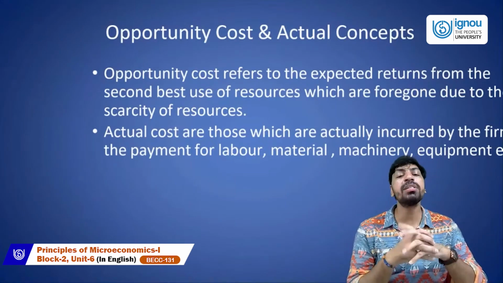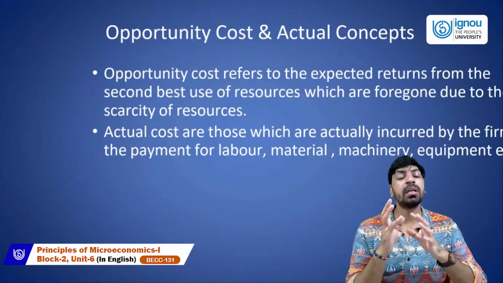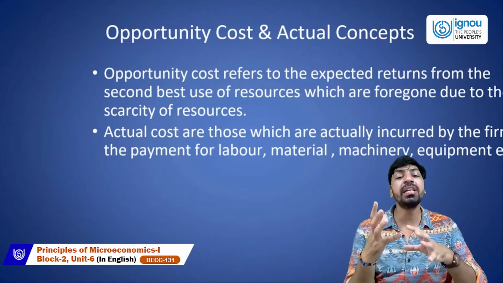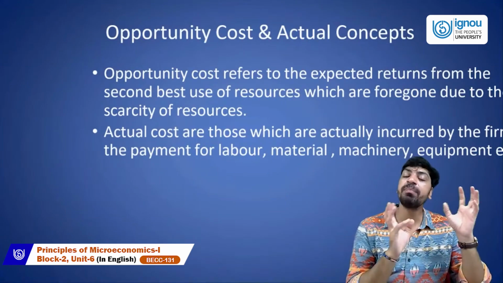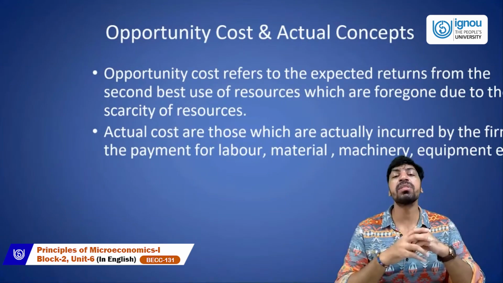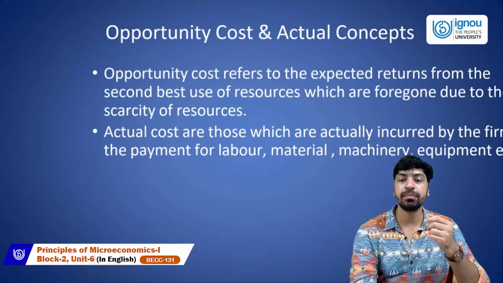But actual costs are the payments incurred, or you can say the expenditure or outlay incurred by the firm for the payment of various resources, whether it be labor, material, machinery, equipment, etc.